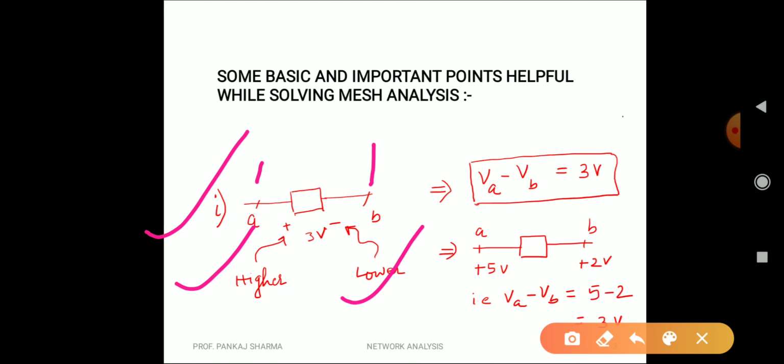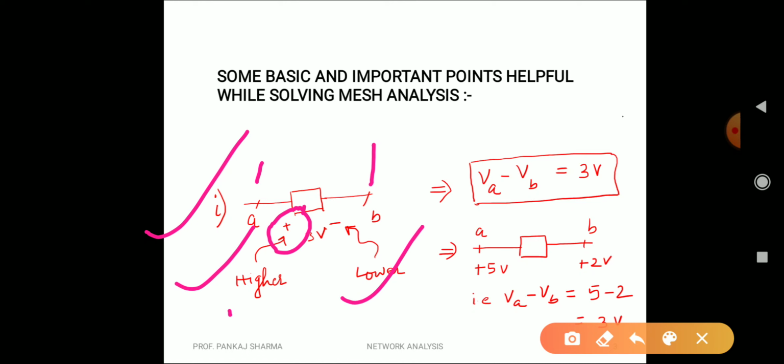Higher is denoted by the plus sign. When we go from this point to this point, there is migration from plus to minus, there is a drop, and the reverse is a rise. Got it? Okay, very good.